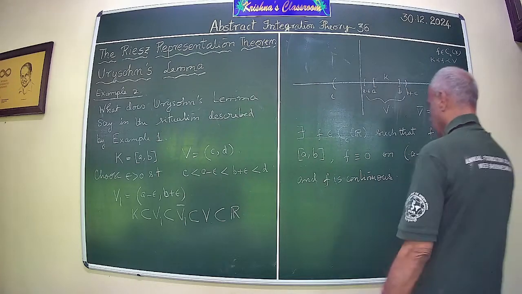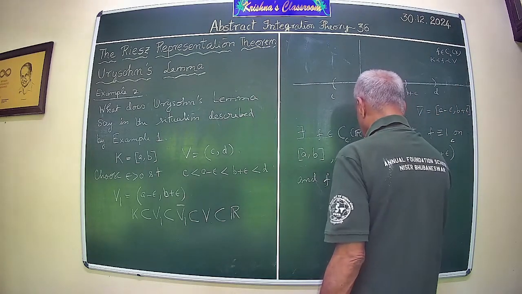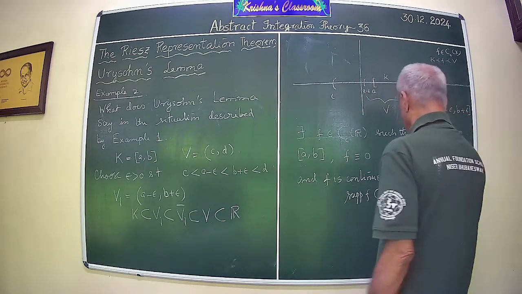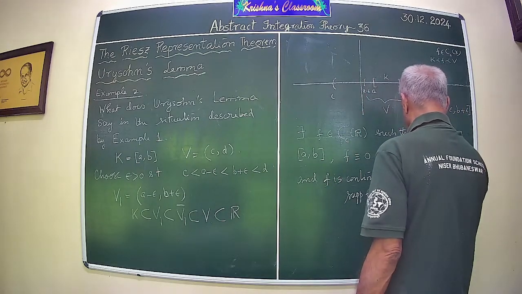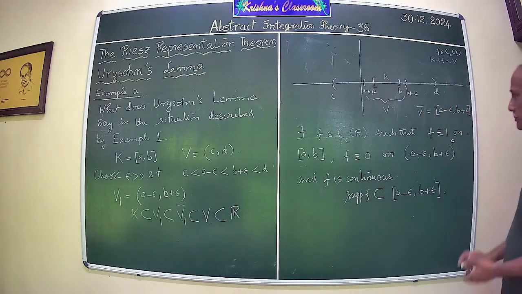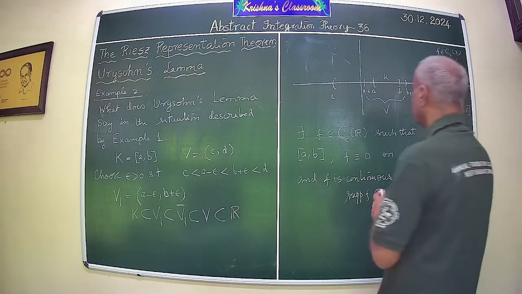Okay, the support of F is contained in B plus epsilon. How does this function look like?